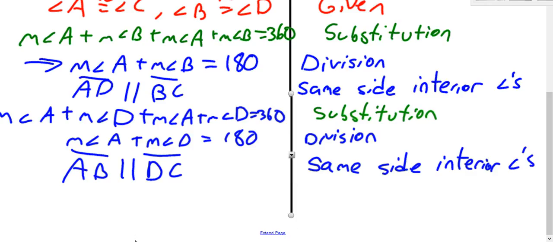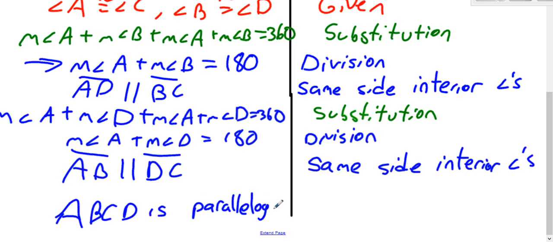So we had the left and the right were parallel, we had the top and the bottom were parallel. That means that A, B, C, D is a parallelogram. You could say definition of parallelogram, you could say opposite sides parallel, either way would be fine.